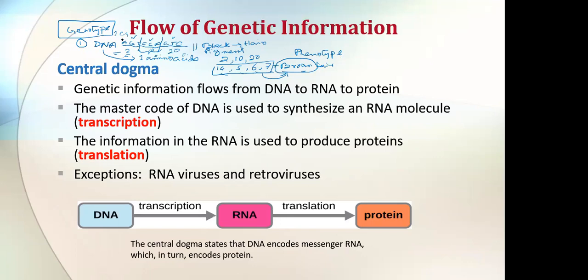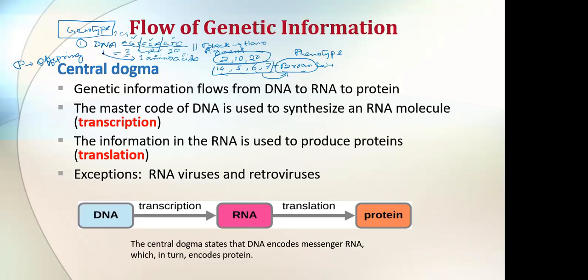So when we say that DNA is responsible to pass down the trait from parent to offspring, what does it mean? It means this combination 2, 10 and 20, this sequence of amino acids on my chromosome number 1 that I got from my dad or from my mom, gives my hair black color. So that's the genetic information.